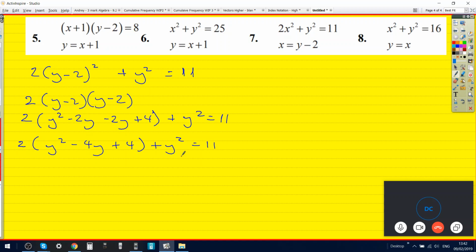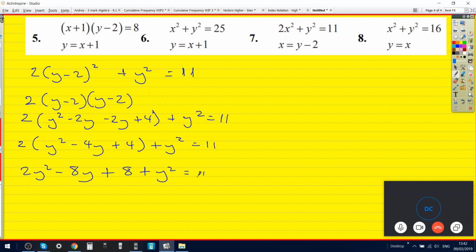Now if we multiply everything by 2, it becomes 2y squared minus 8y plus 8 plus y squared equals 11.